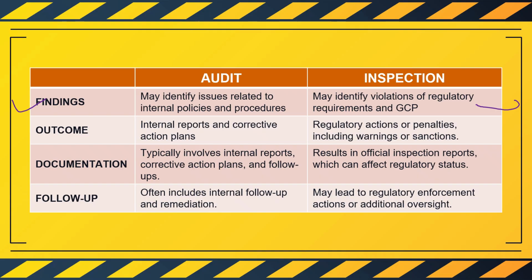Now let us understand the outcome. The outcome of an audit is essentially defined in the internal reports, and whenever the report is prepared for a particular audit, they would define whatever lapses exist between the procedures or policies at the particular site, and they would suggest the corrective action and preventive action plan, that is the CAPA plan.